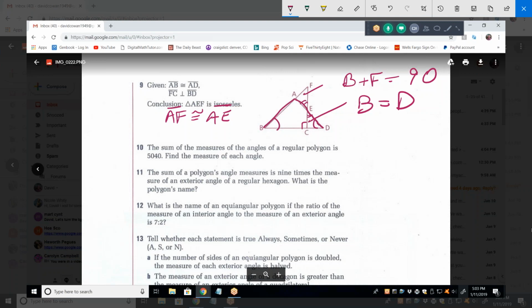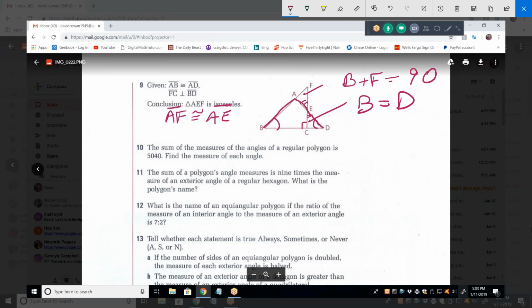In other words, we don't really know that B is equal to F. I think this solution is going to revolve around proving that this top little triangle is equal to the bottom little triangle. Or congruent. Not sure how we do that.